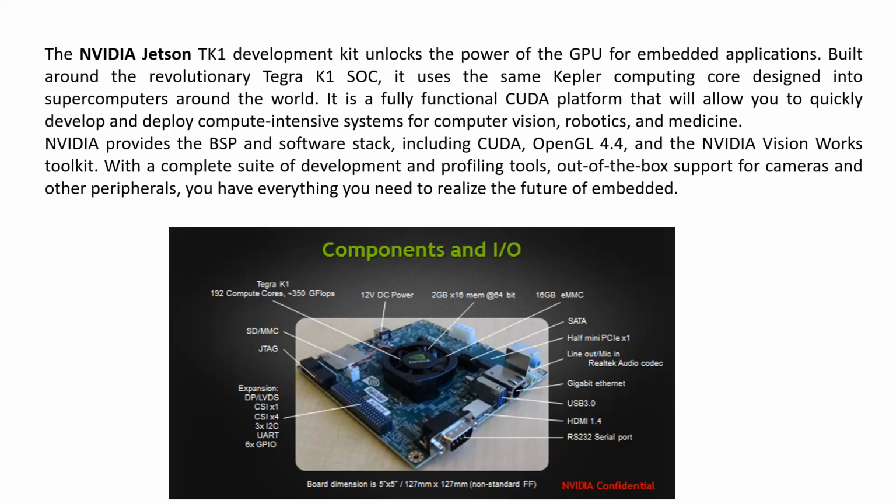Here you can observe its special feature, because it includes the core which is designed for supercomputers. That means it is going to involve parallel computing techniques to improve the processing performance.